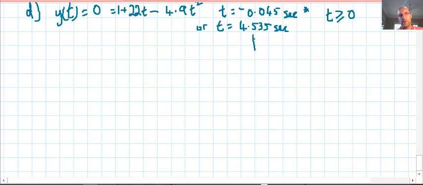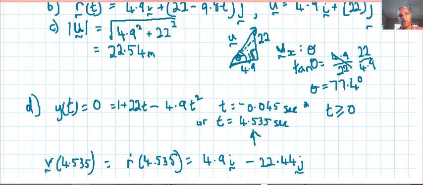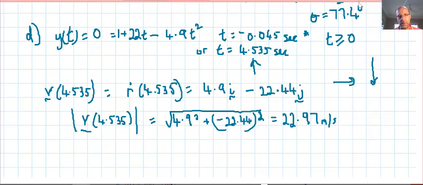So that's the one we want, and the velocity at that point, at 4.535 seconds, is 4.9i minus 22.44j, which makes sense because it's going a mixture of that way and that way, hence the negative j. Finding the magnitude after we found the vector gives 22.97 meters per second, nearly at the end.